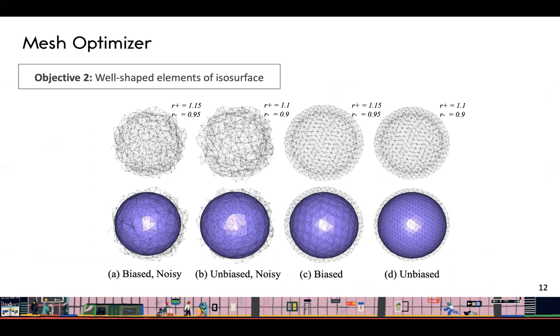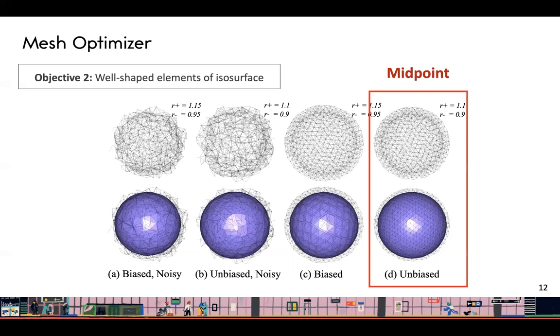The triangulations are generated by 2 layers of either randomly generated or evenly placed vertices sampled onto concentric spheres. We show that the fourth triangulation, the one with unbiased and evenly placed vertices, produces the best isosurface, with most triangles of the isosurface well-shaped and uniformly sized.